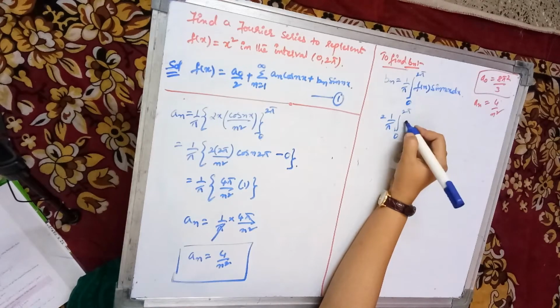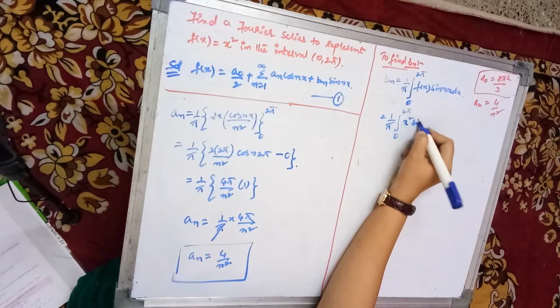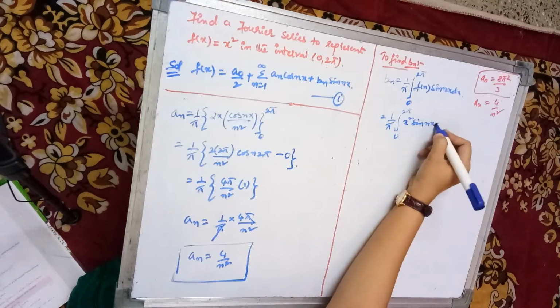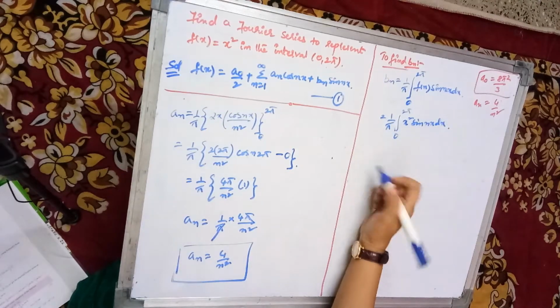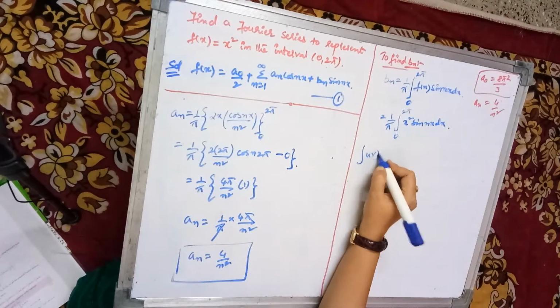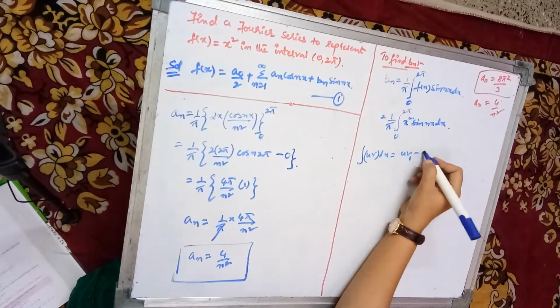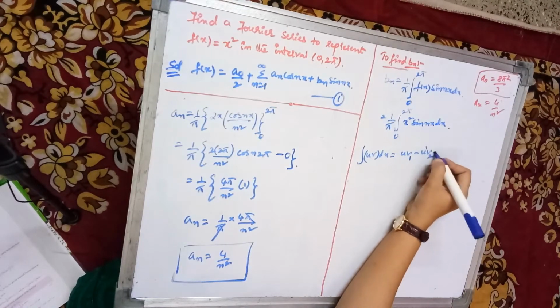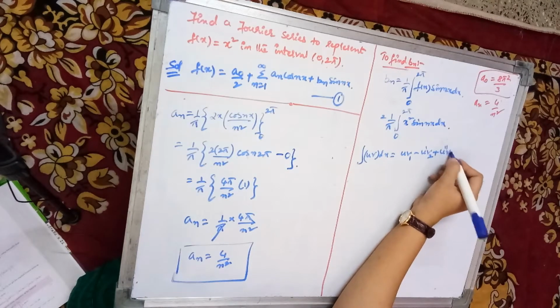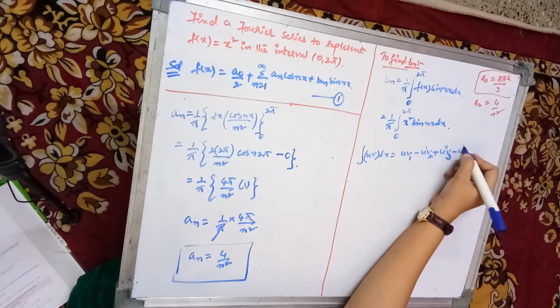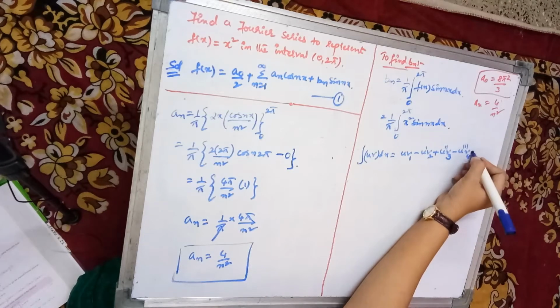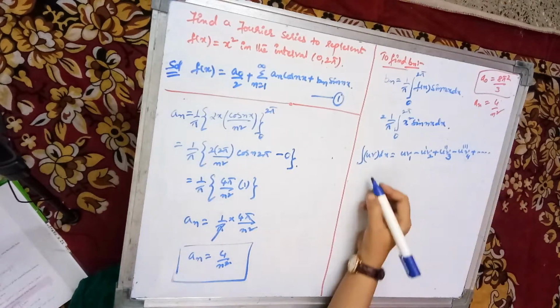Substitute your given function, x square into sine nx into dx. Again use Bernoulli's integration by parts, which is u v1 minus u dash v2 plus u double dash v3 minus u triple dash v4 plus so on.